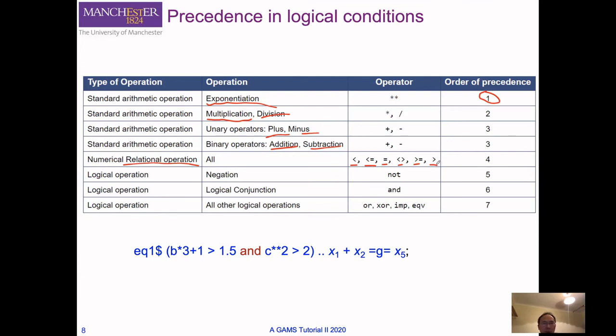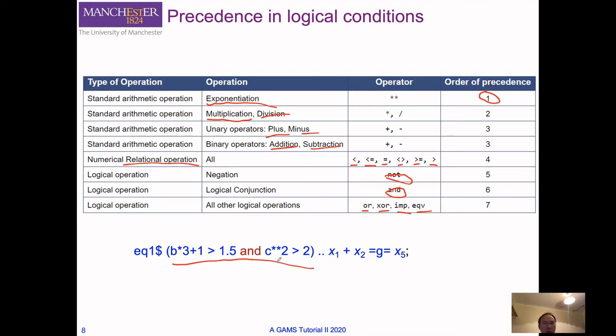Following that are logical operations. In the logical operations, the negation operation, not, is the first order of precedence. After that is the AND operation. The last ones are OR, XOR, IMP, and EQV operations. Based on the order of precedence, we can calculate the value of the logical condition. For instance, for this example, this is a logical condition.